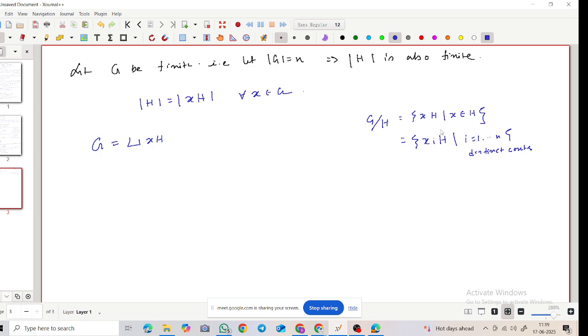So we can write G mod H. If G mod H is a set, you cannot write the same element twice. So set theoretically, x_iH we can regard as the set of all distinct cosets of H in G. Here also we are taking the disjoint union. So what is mod G? Since this is a disjoint union, this will be the summation.